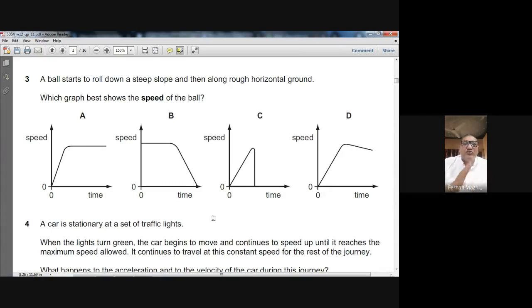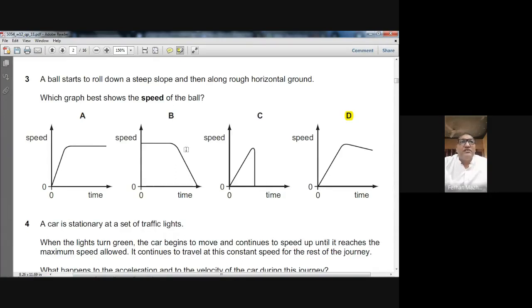So first the speed should go up and then come down. So I think D is the best option. C can be the answer, but in C, when it touched the horizontal ground, it stopped moving. So C cannot be the choice because it rolled along the rough horizontal ground for some time. That's why D is the best option.